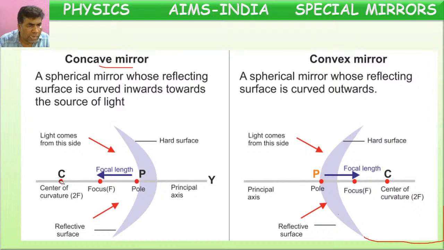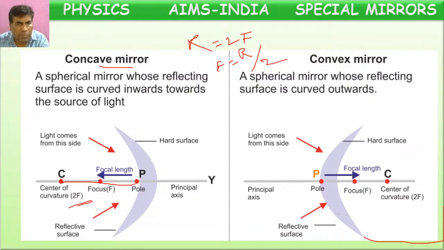From the pole to the center of curvature, whatever length we have is known as the radius of curvature. This value is equal to 2f. So we can write R equals 2f. Focal length f equals R by 2, half of the radius of curvature.